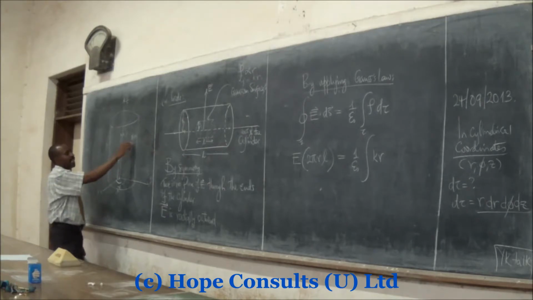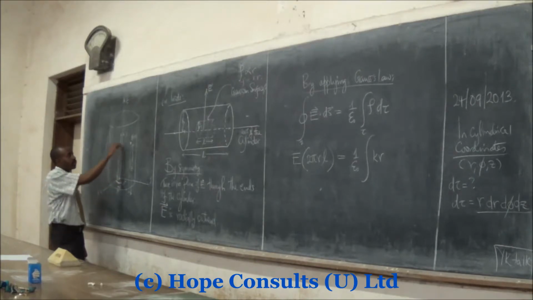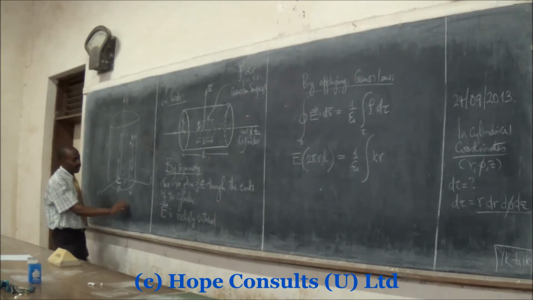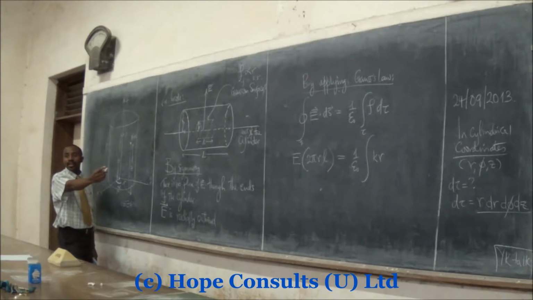So once you understand this kind of description, life becomes very easy. You can now know that your Z can only be between what and what? Z can start from the origin until infinity, because that's why we are talking of an infinitely long cylinder.